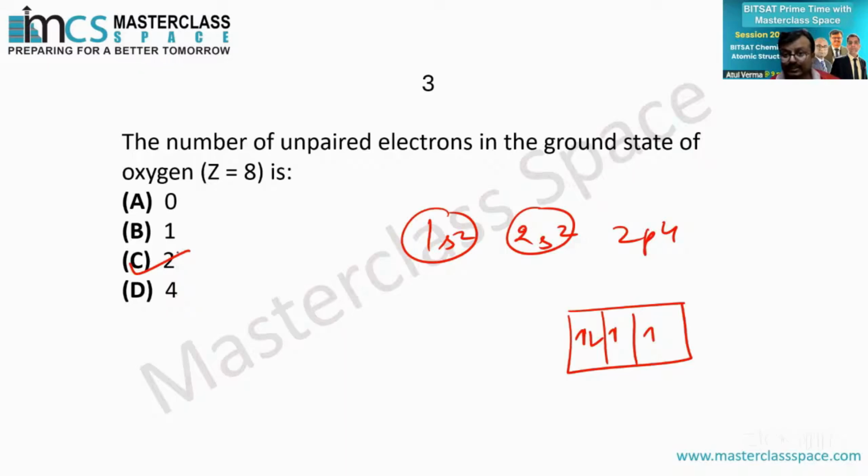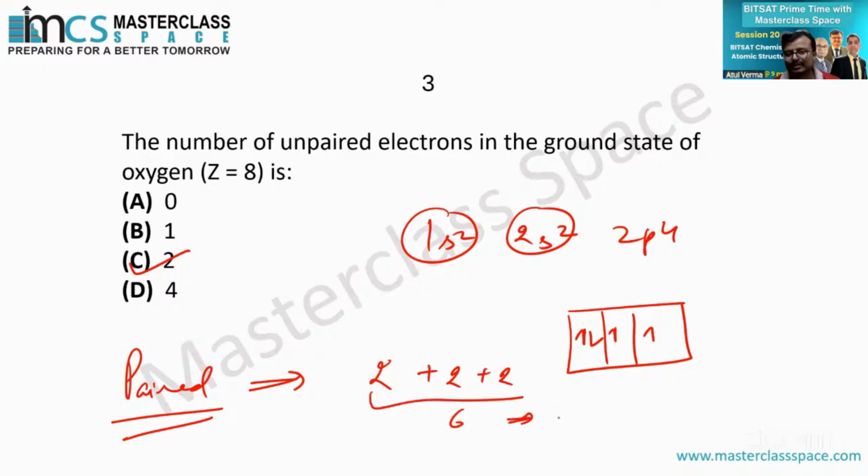If the question asks you how many paired electrons are in oxygen, would you mark 2 for it? No, you do not have to mark 2. You have to mark 2 plus 2 plus 2, which is 6, because 1s2 is paired, 2s2 is also paired, and 2 of 2p4 are also paired.